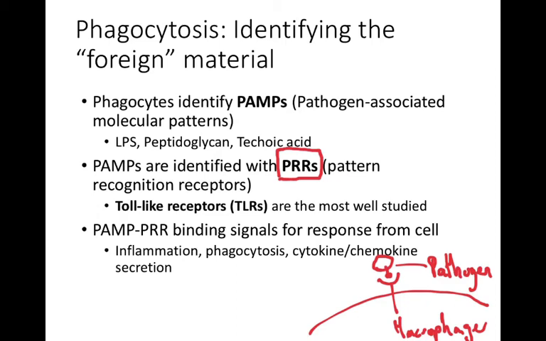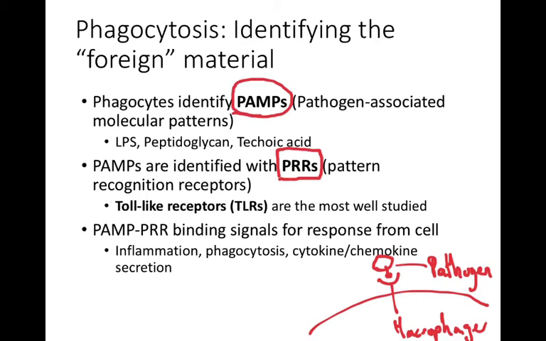For example, you might recall that all gram-negative cells have lipopolysaccharide. That lipopolysaccharide is a generalized pattern that is recognized by PRRs. Lipopolysaccharide, peptidoglycan, and teichoic acid on gram-positive bacteria all represent what we call pathogen-associated molecular patterns.